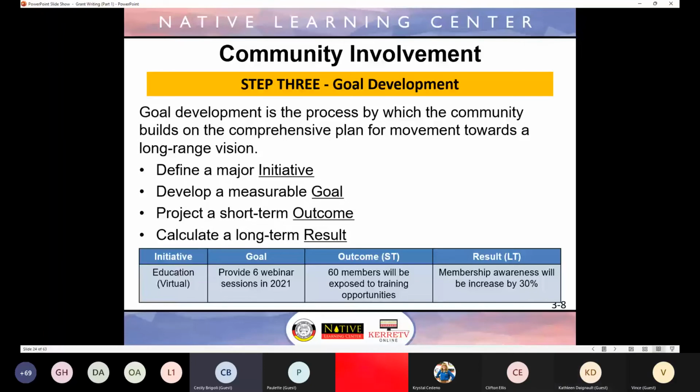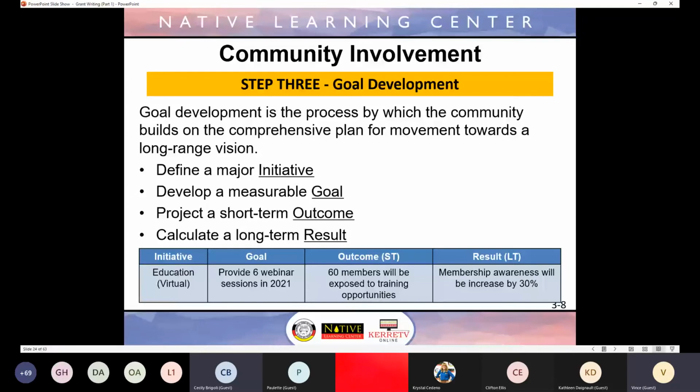The result would be, how successful were you? Now that's just one. The second goal might be to provide that health service provider with 15 clients. Outcome, well, maybe that's more of an outcome.